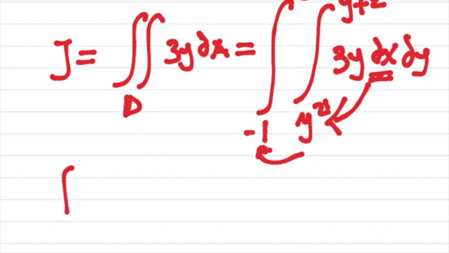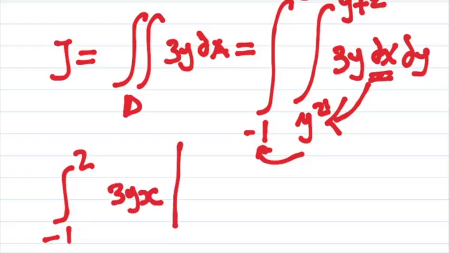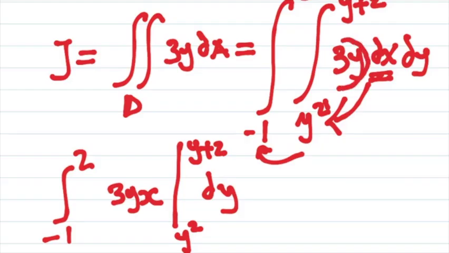So the integration of 3y with respect to x will be 3xy, evaluated from y squared to y plus 2, dy. We are treating y as a constant because we are integrating the function with respect to x. So that one is just like k or c or anything you can think of.